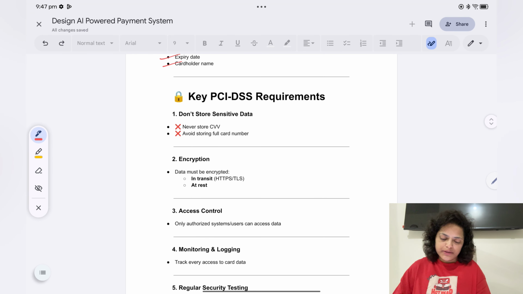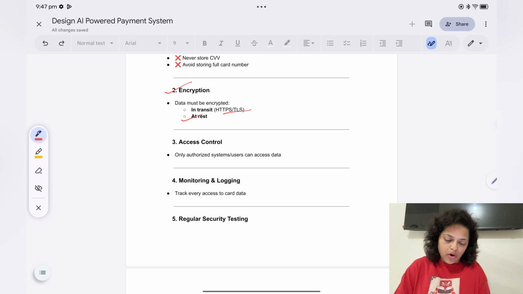Key PCI-DSS requirements: don't store sensitive data, like the CVV number, and avoid storing the full card number. Then provide encryption: data must be encrypted. If it is in transit, going from one server to another, use HTTPS or TLS. And if it is at rest, then also you need to provide encryption. Now access control: only authorized systems or users can access data.